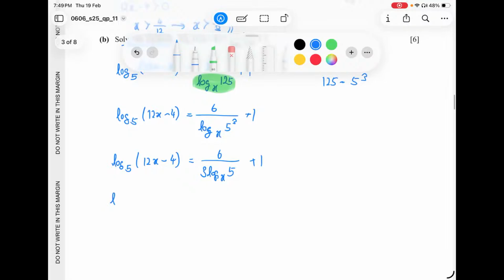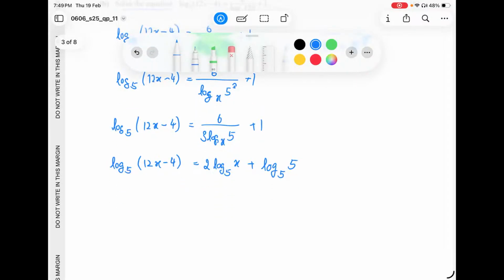Now you bring the denominator to the top, so then your base will be the same there. So we will have 6 over 3, which is going to be 2 log base 5 of x, plus, let's keep it in the same base, log 5 of 5. So we can convert 1 to be log 5 of 5.